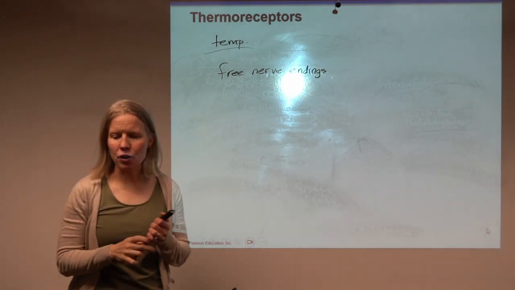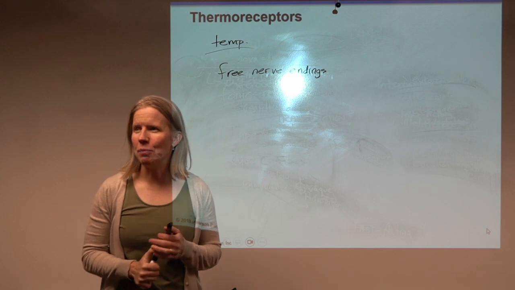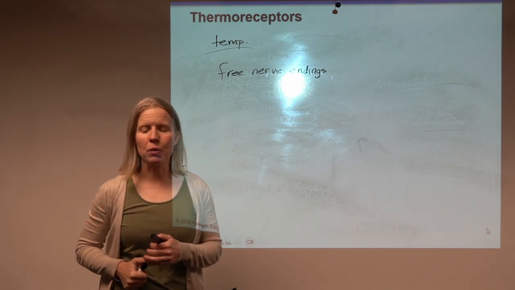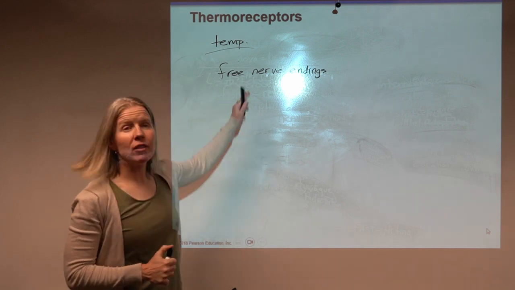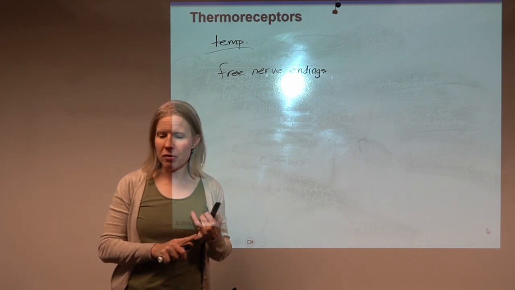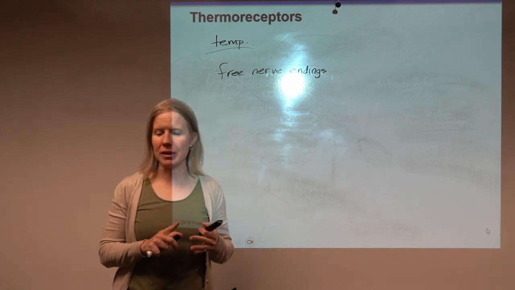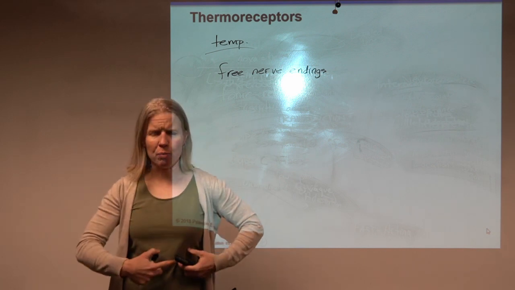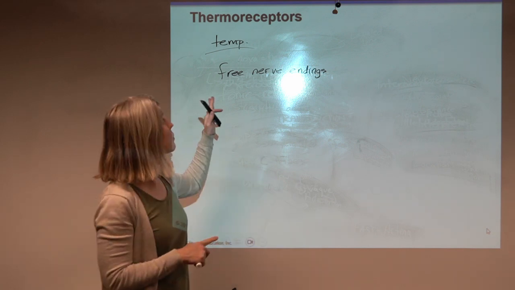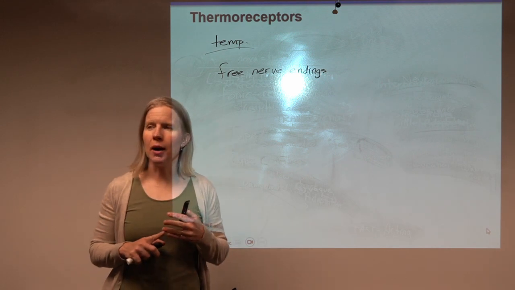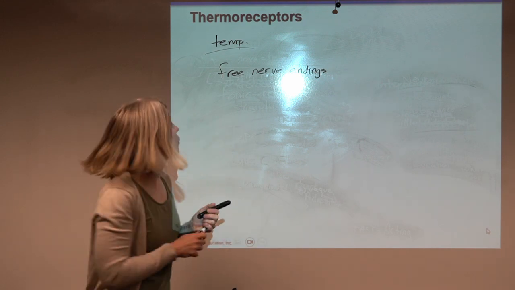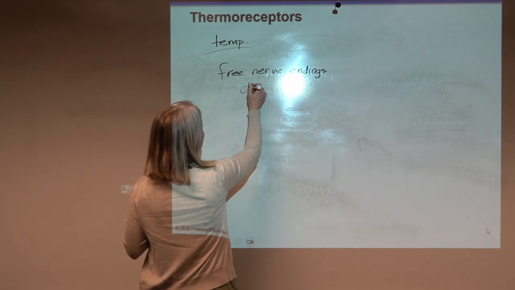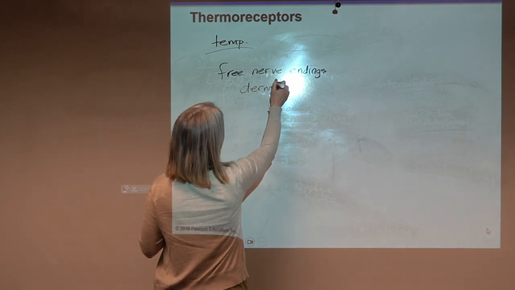Right, which we pointed out are not particularly specific in what they're receiving. So you have a lot of these free nerve endings, right? You put some of them up in the dermis, you have them in skeletal muscles, the liver, right, one of your big internal organs actually has some thermoreceptors. Where else was I thinking? So dermis, that'll help you sense the outside temperature.